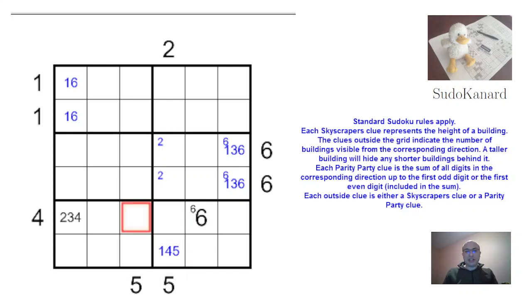We've seen that 5 can't be here, and 5 can't be here, because those are parity party clues. And 5 can't be here because we would see only 3 digits. So, assuming again that this is a skyscraper clue, 5 must be here. And in this case, this is a 1-4 pair.